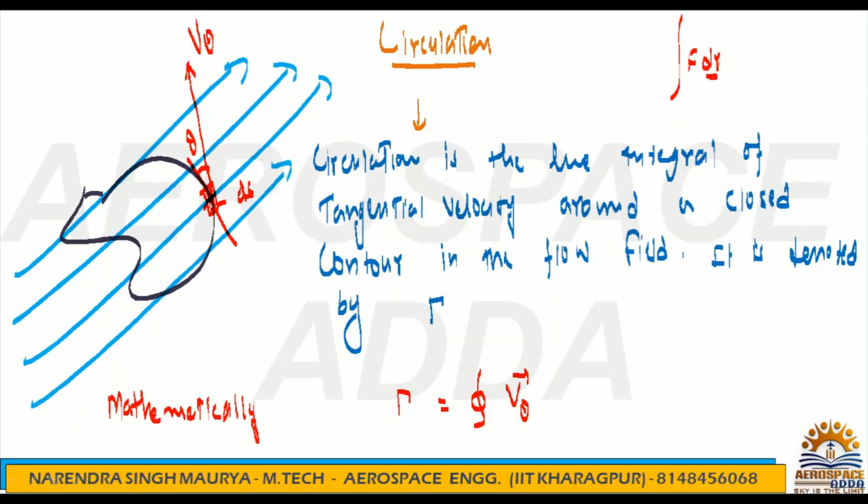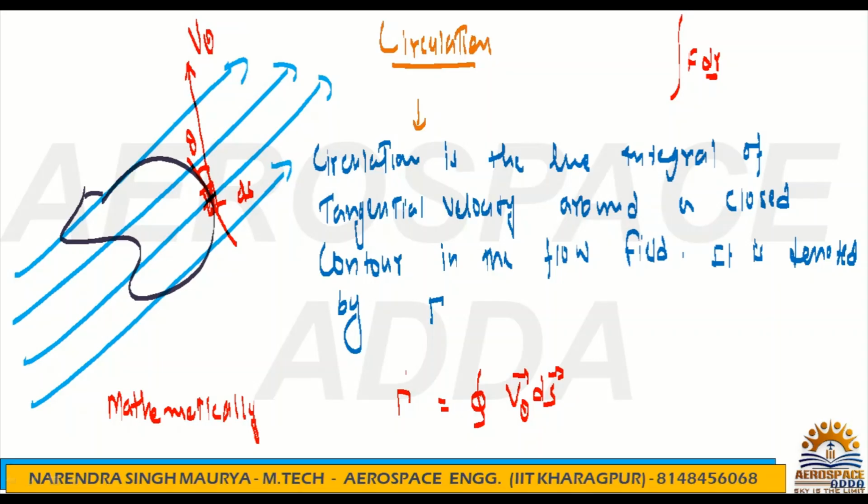Here dr is the elemental length, so you can write dr also. I'm taking ds as the elemental length, or you can also write it in terms of dx and dy. It's your choice. So v ds, and this is obviously a vector quantity, because even the elemental length is a vector quantity.